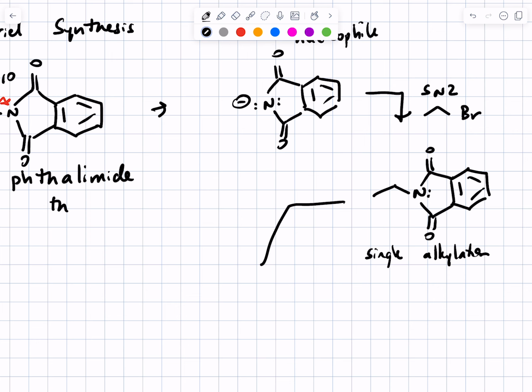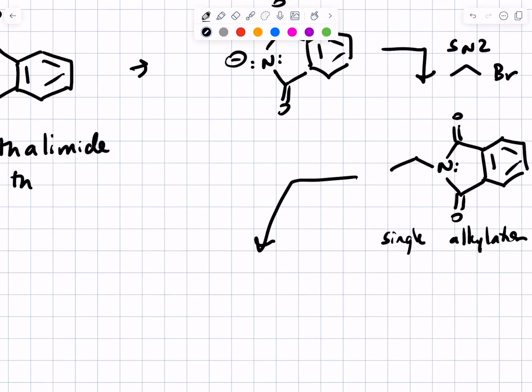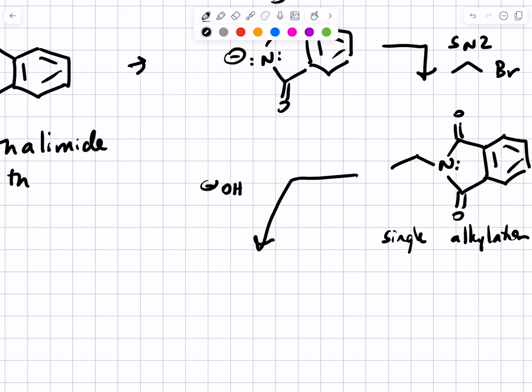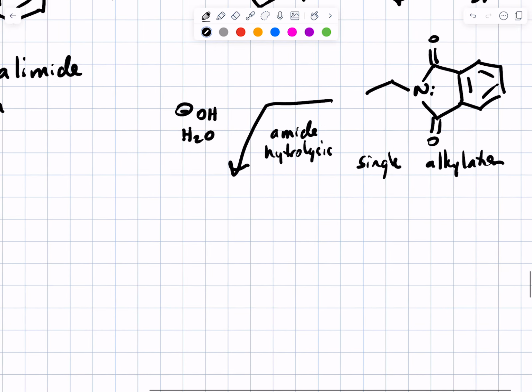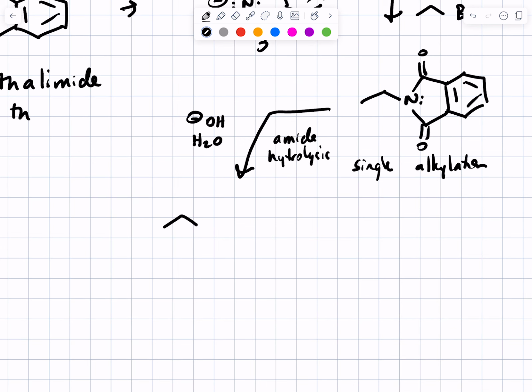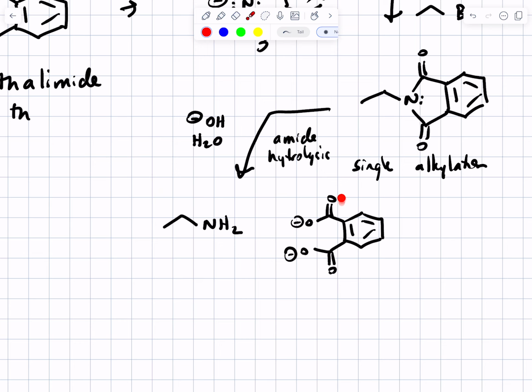And then how do you release the primary amine? You can use strongly negatively charged aqueous conditions, hydroxide and water. And this will do amide hydrolysis in a pretty fast way. I won't show you that mechanism, but it releases the nitrogen. And then the byproduct is this carboxylic acid, or carboxylate, where you have two carboxylic acid groups on adjacent carbons.